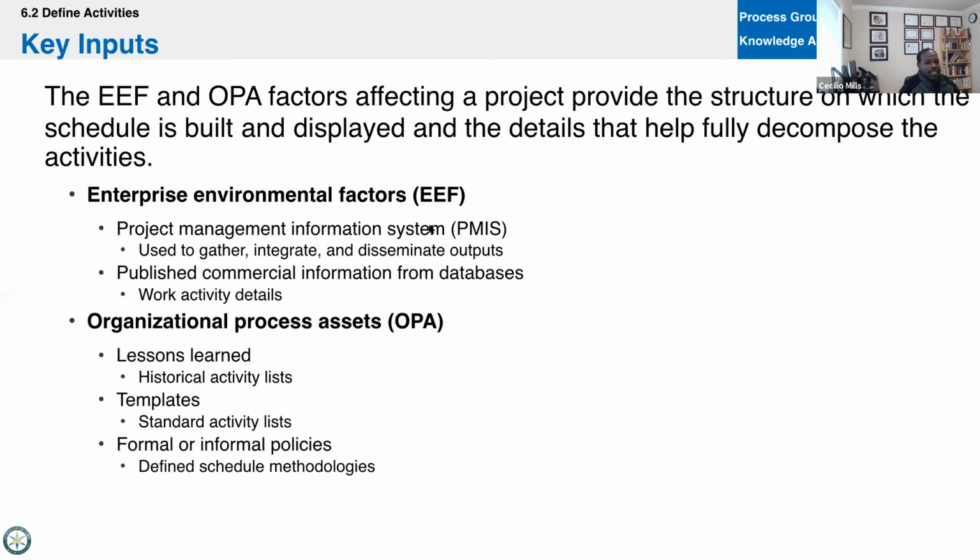In this case, the EEF would be the Project Management Information System, aka Microsoft Project or Jira or P6. And then it will take your OPAs that you may have, lessons learned, templates, some policies that are there, even informal ones like, hey, people work remotely on Fridays. Well, if that's the case and that's the culture, that would be an EEF. And we've got to think about that too and how we build the schedule out. So we take all this stuff into account.